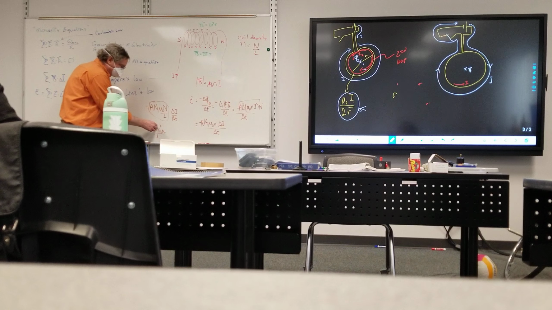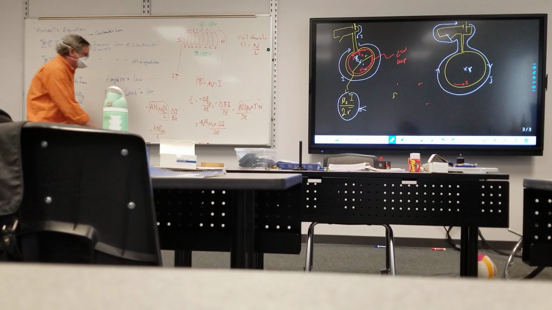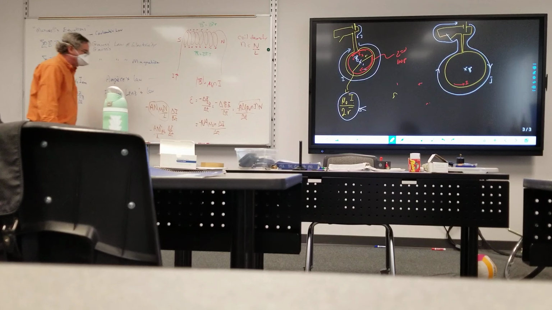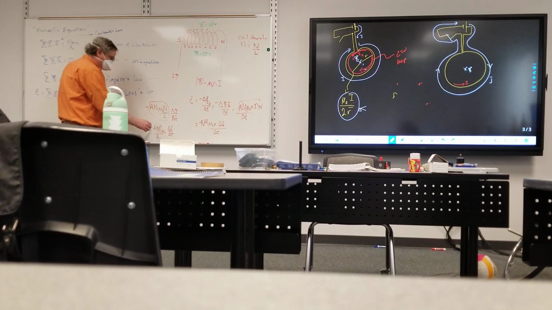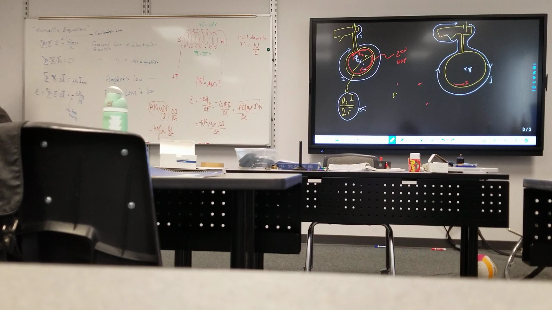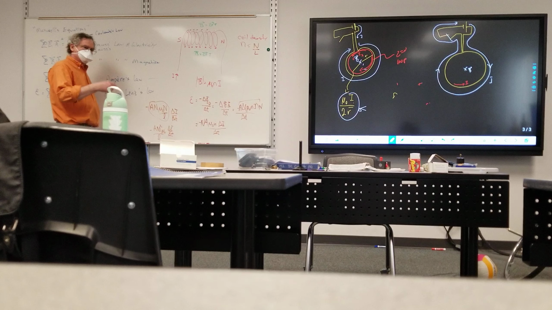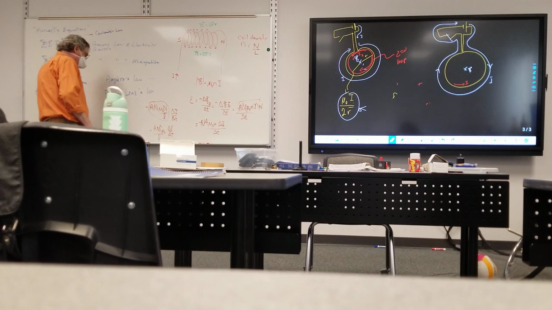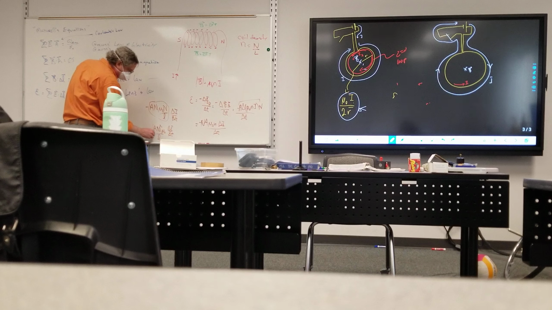That's an N times the change in the current over the change in time. Ooh, I want to make this a lowercase l, because I'm about to use capital L for something else.